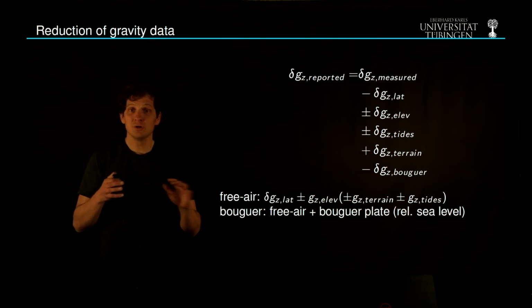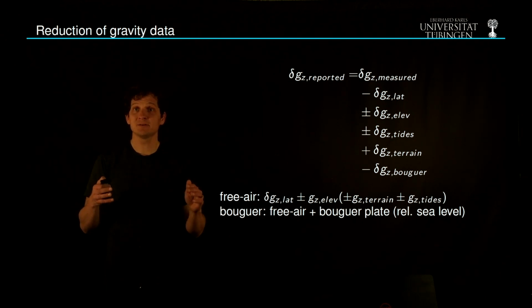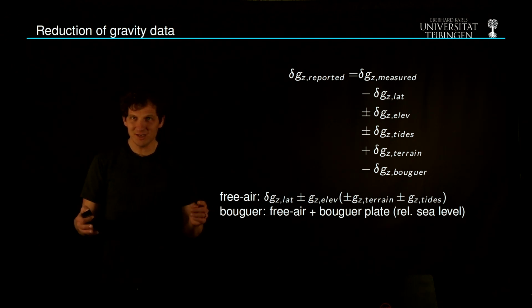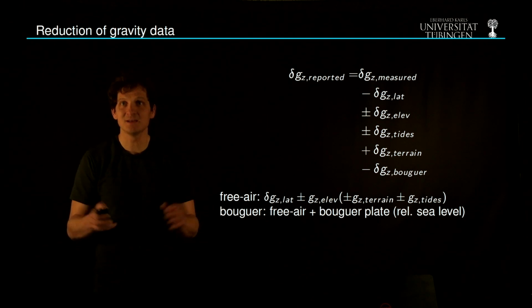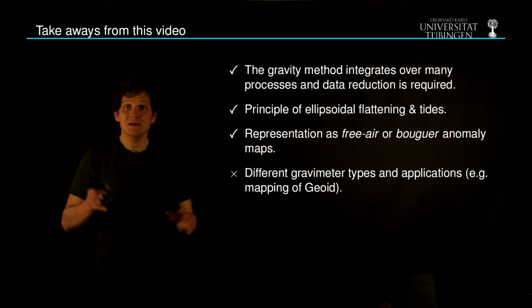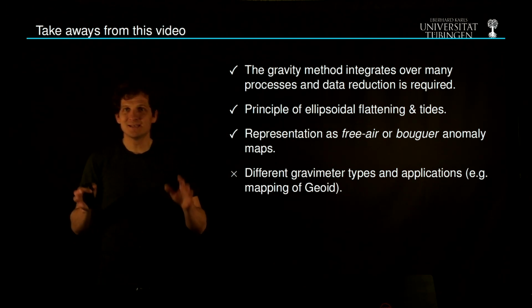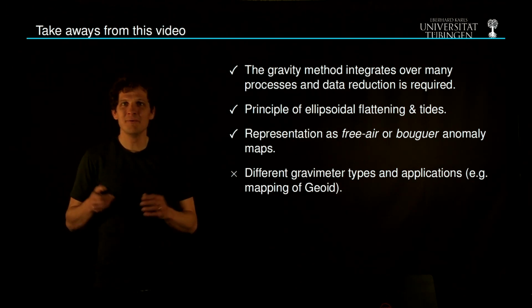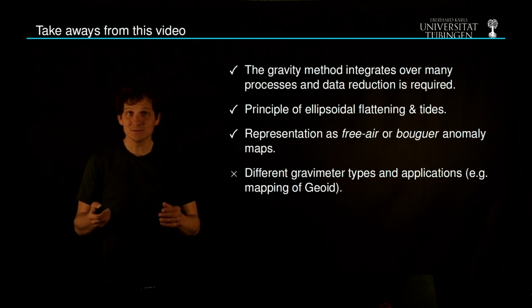But remember, none of those products are hypothesis-free, but they nevertheless offer a lot of insight into the internal structures of the Earth. So now let us summarize this rant through many different corrections.